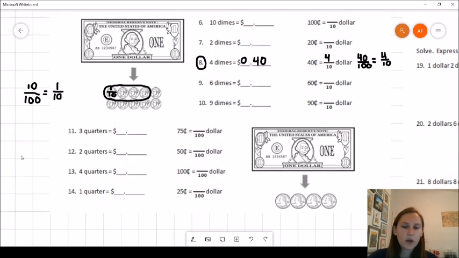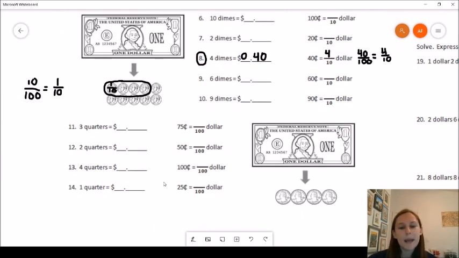So for the next part, you're going to be looking at quarters instead. So our quarters, each quarter we know is worth 25 cents. So if we have 1 quarter, that's 25 cents out of 100 cents in a dollar.